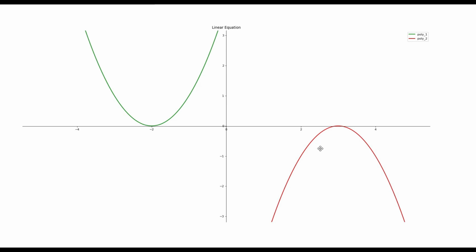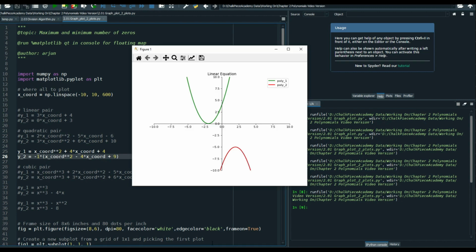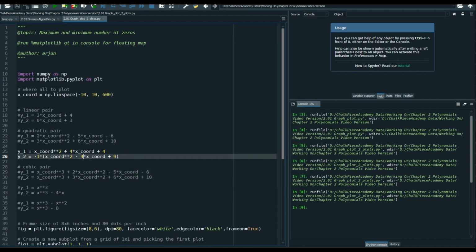Both of them are just touching. Actually, this is crossing properly, but this is touching and going. So let me make them touch and go. This is what I was looking for. Now it will be proper.